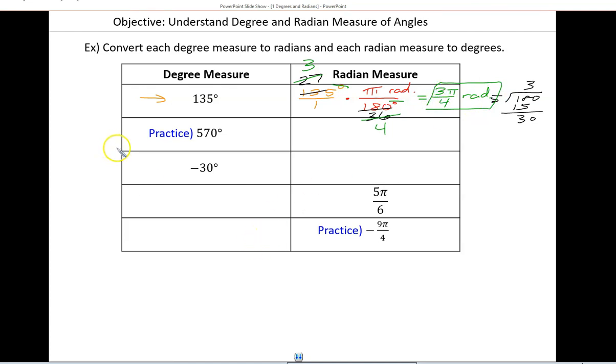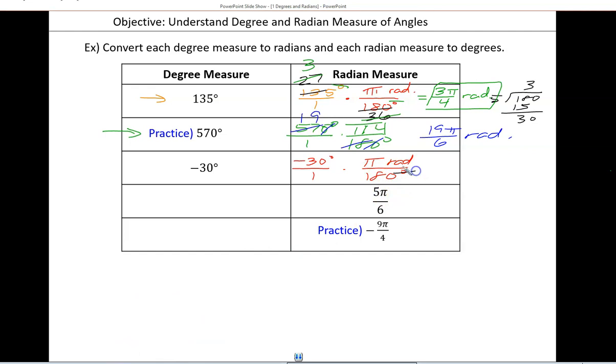So that's the basics. So why don't you guys try the 570 degrees, converting that one. All right, let's take a look at -30. The only difference is that we don't lose the negative sign. That's the only difference on a negative angle measure that you're converting. So if you have a negative degree, you're going to have a negative radian answer also. So you're looking at -30 degrees over 1 times your pi radians over 180 degrees.